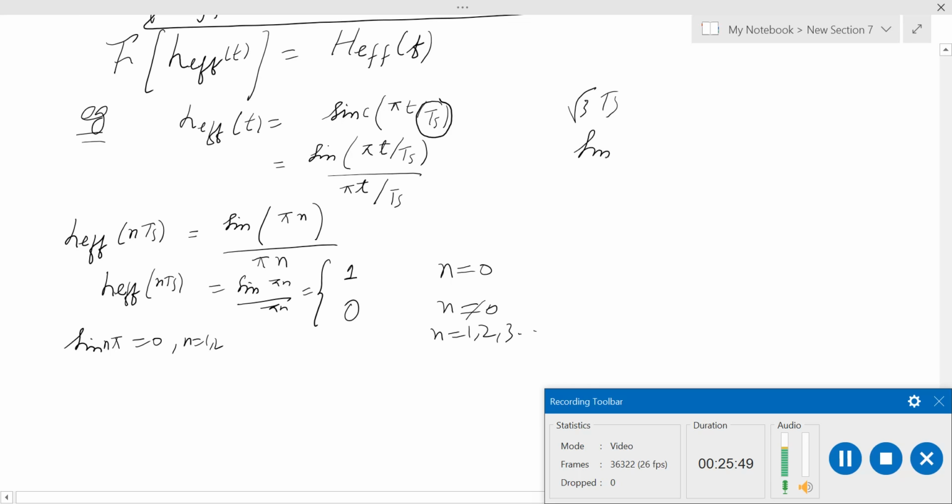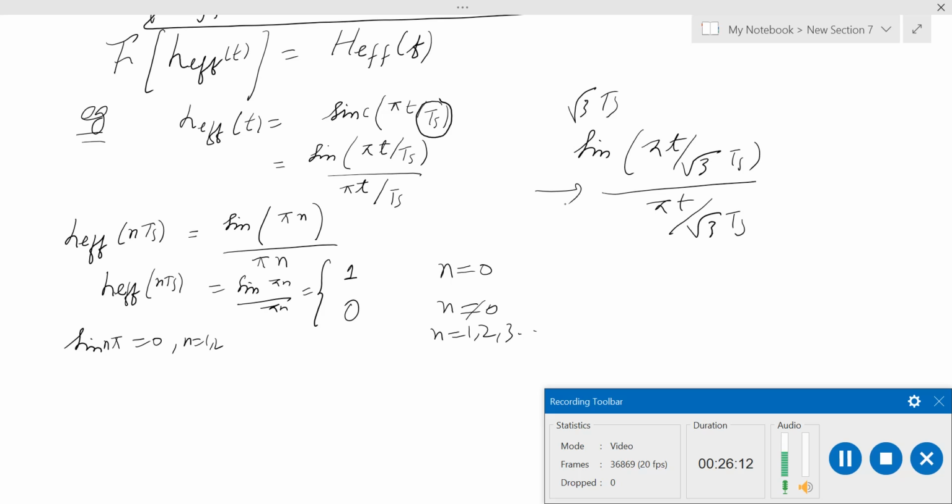If you have sine of pi t by root 3 Ts divided by pi t by root 3 Ts, then definitely for this particular channel response, the other intersymbols which are being transmitted at the same time will interfere, and this will not be 0 for n not equal to 0. So you have to properly choose the channel response.